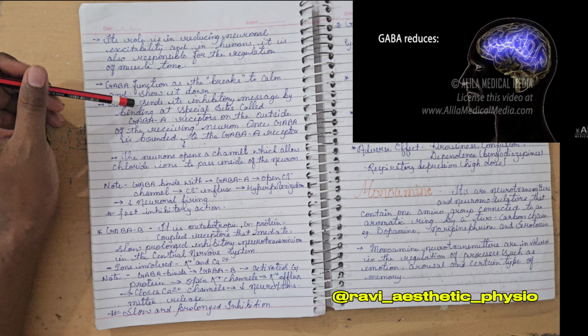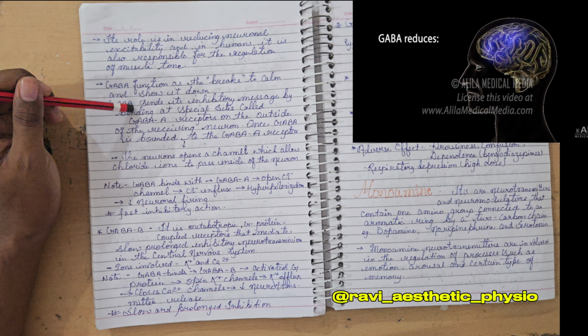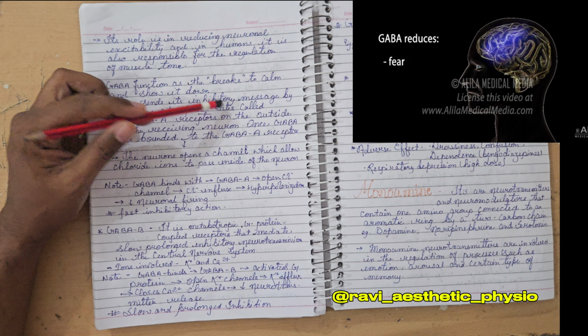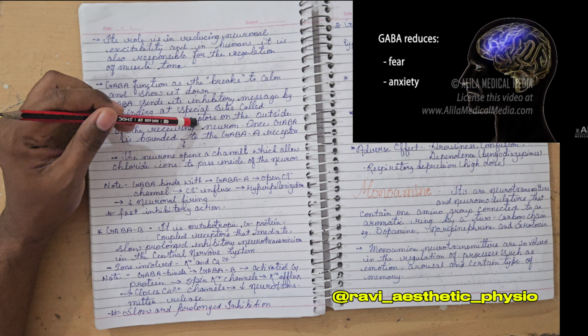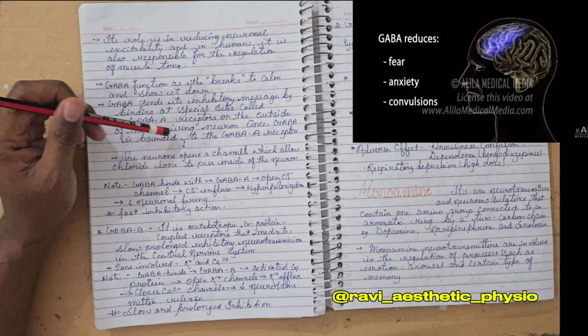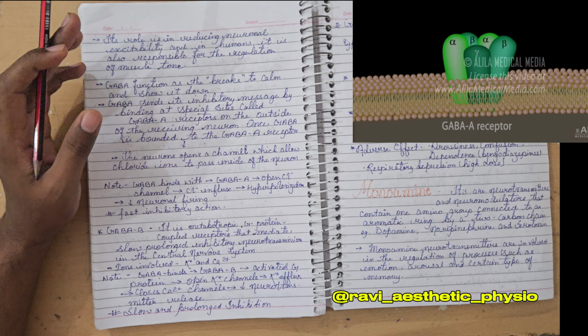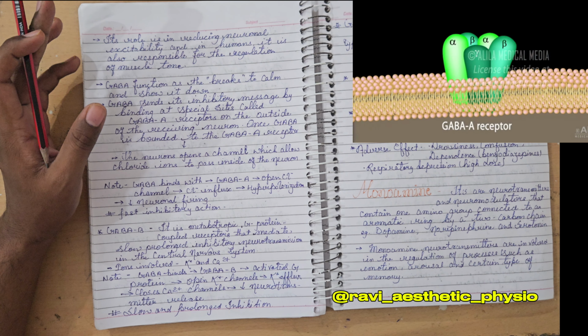GABA sends its inhibitory message by binding to a special site called the GABA-A receptor on the outside of the receiving neuron. Once GABA is bound to the GABA-A receptor, the neuron opens a channel which allows chloride ions to pass inside the neuron.